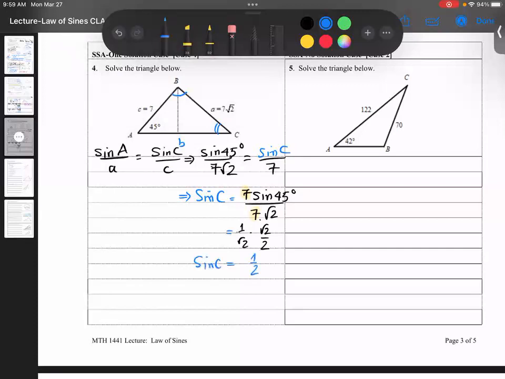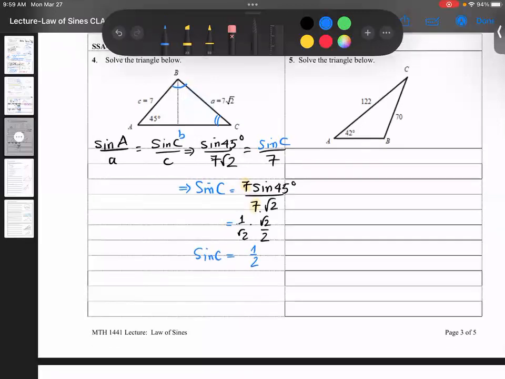So sine C equals 1/2. If sine C equals 1/2, what's C equal to?